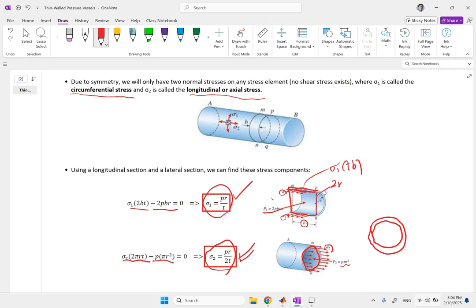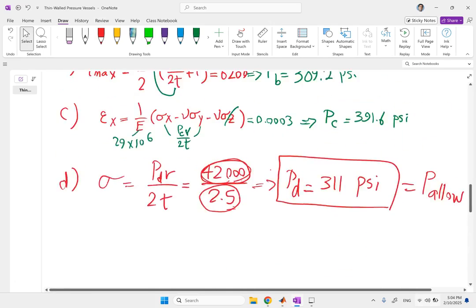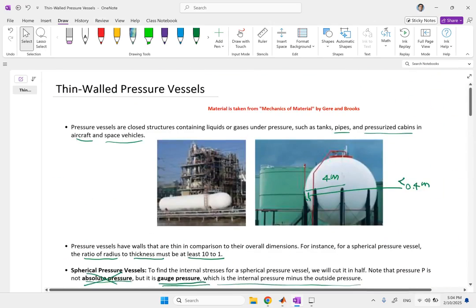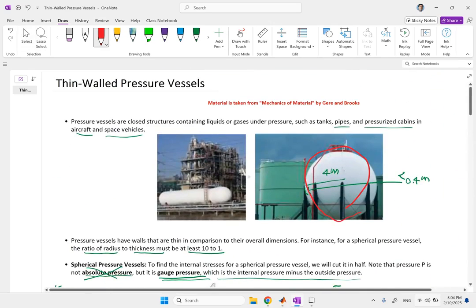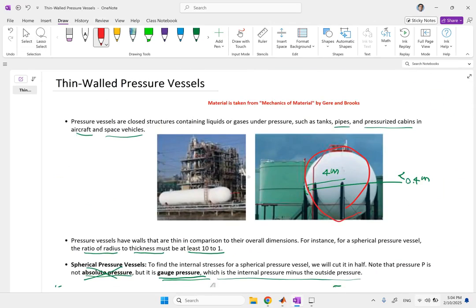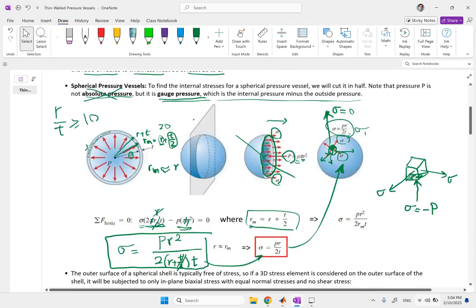But again, spherical tanks are the best in terms of resisting high pressures. That's why you see gases under very high pressures are typically stored in spherical tanks. Cylindrical ones will keep gas, but not typically at as high a pressure.